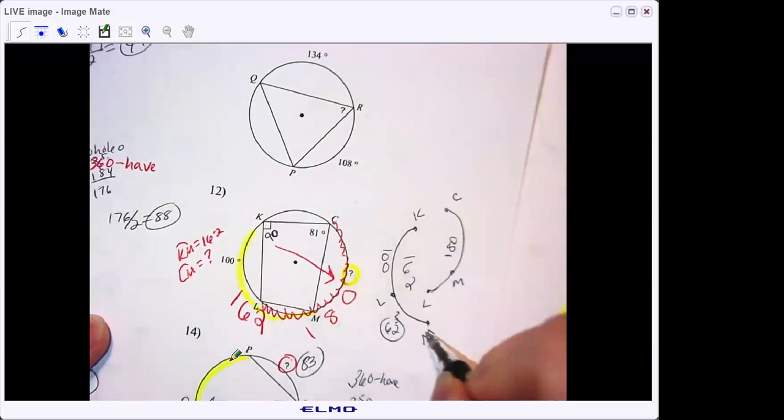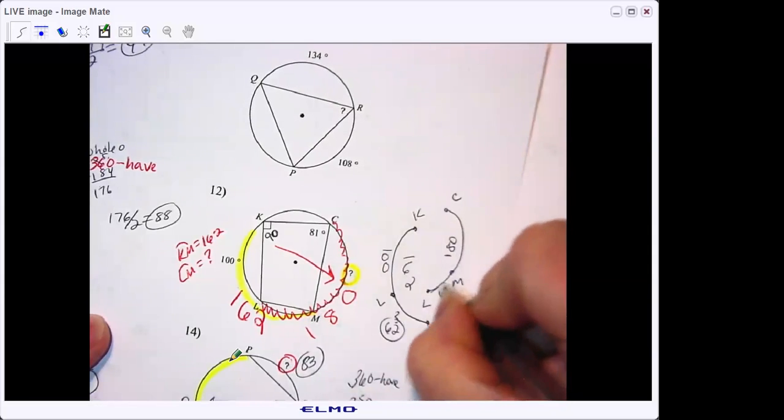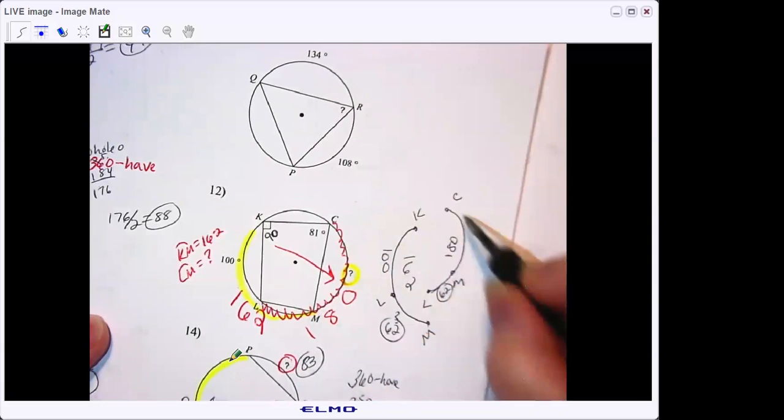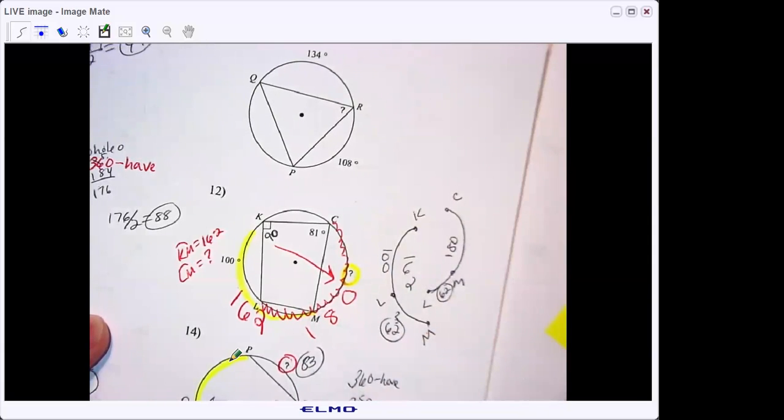But we just said L to M is 62. So how would I find CM, arc CM? How would I find it and what is it?